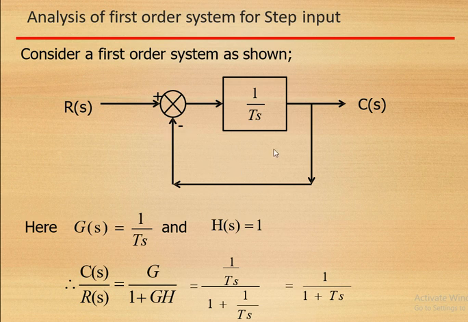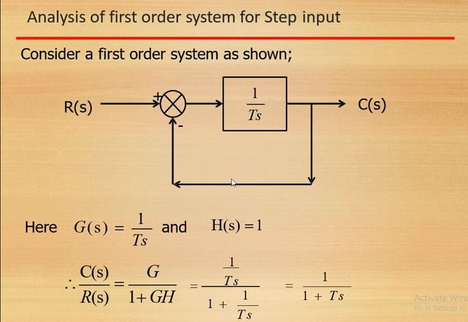Why is it unity feedback? Because in between this take-off point and the summing point, which is given as an input, there is no feedback element present here. So the feedback element is not present, that's why it is called a unity feedback system, and it is given by H(S) is equal to 1. So it is a unity feedback system, and G(S) is equal to 1 upon TS, that is the transfer function that we have discussed earlier.